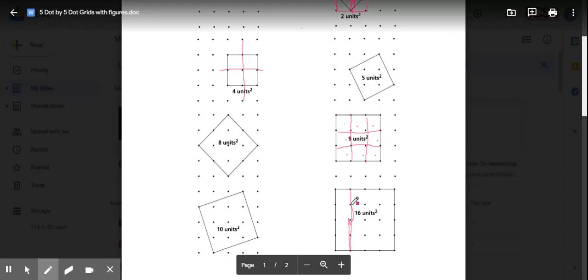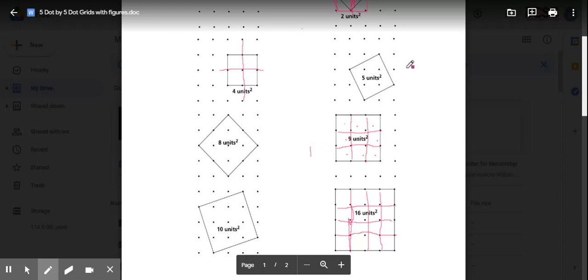Ooh, that was squiggly. And again, here, prove that this is 16. Okay, so again, 1, 2, 3, 4. 1, 2, 3, 4. 4 times 4 is 16.